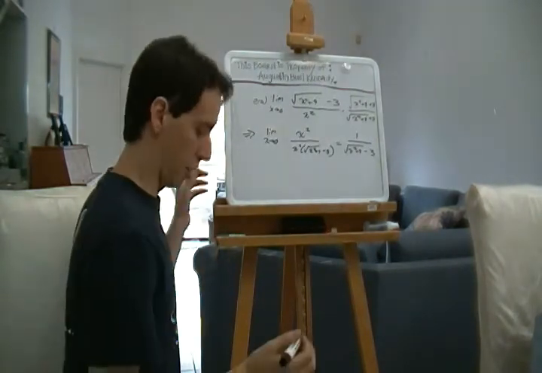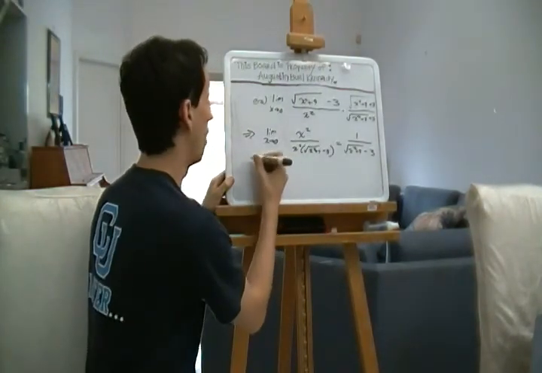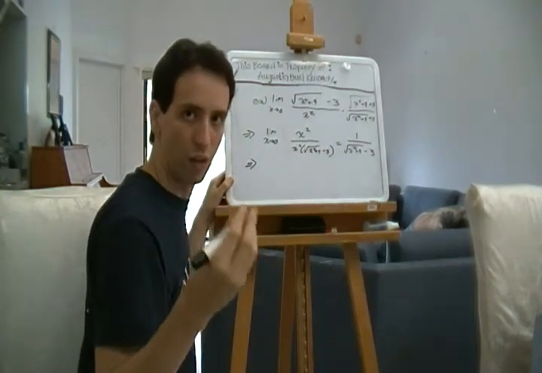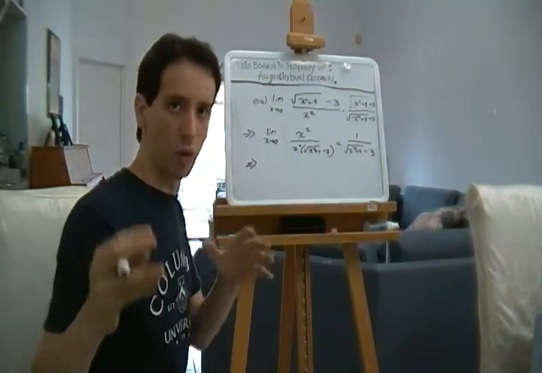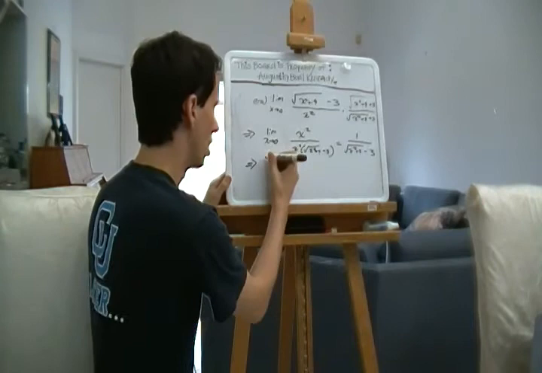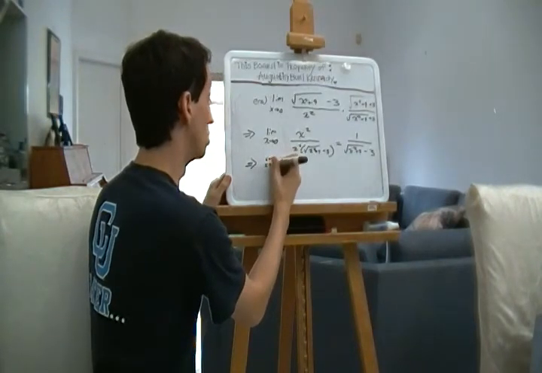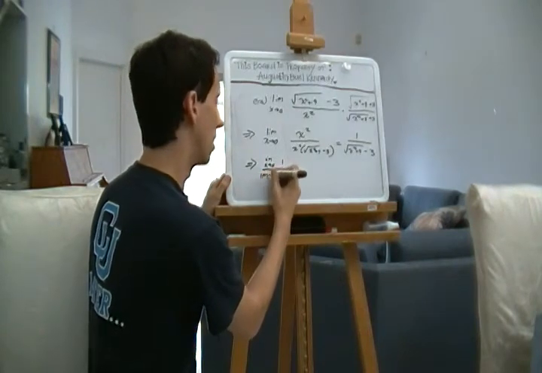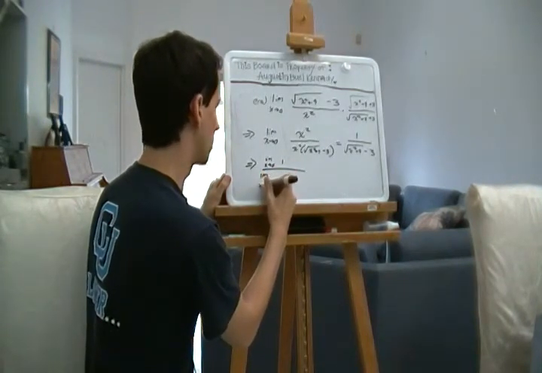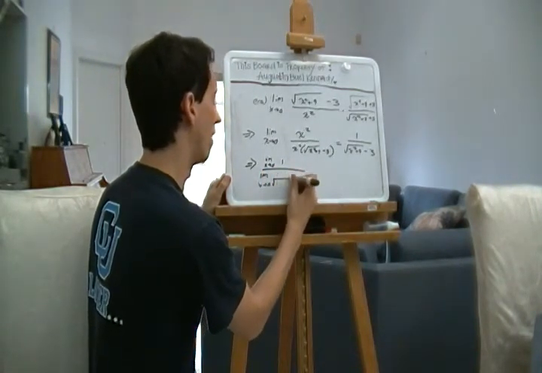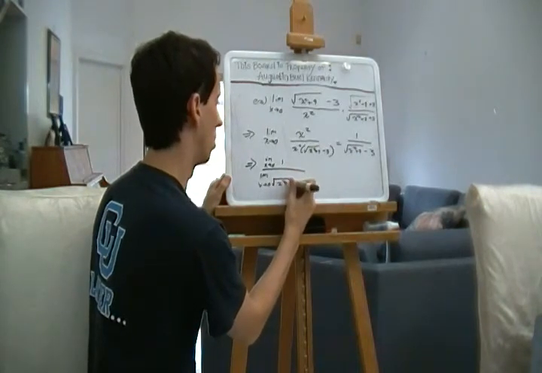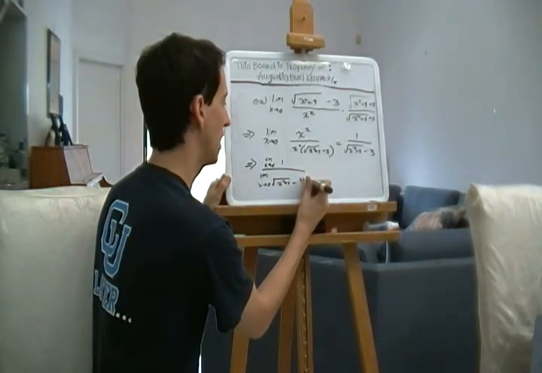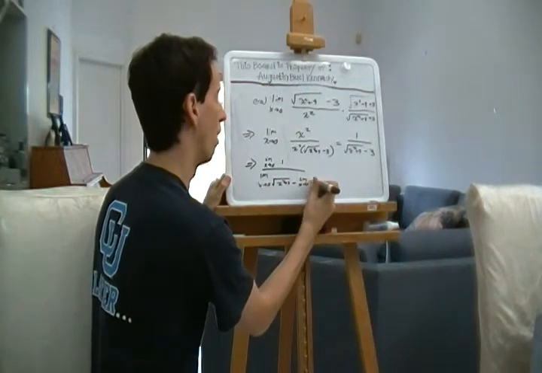Now we can do something here, because now we remember the quotient law of limits. The limit of a quotient is the quotient of the limits. Limit as x approaches 0 of 1 is going to be 1 over the limit as x approaches 0 of the square root of x squared plus 9, plus the limit as x approaches 0 of 3.